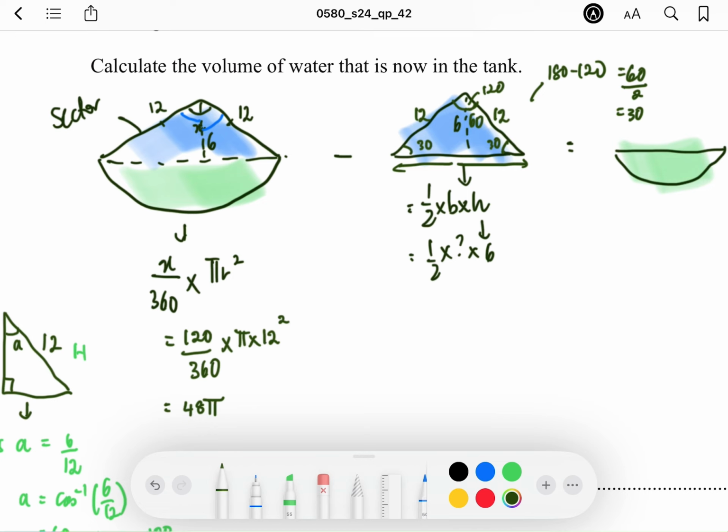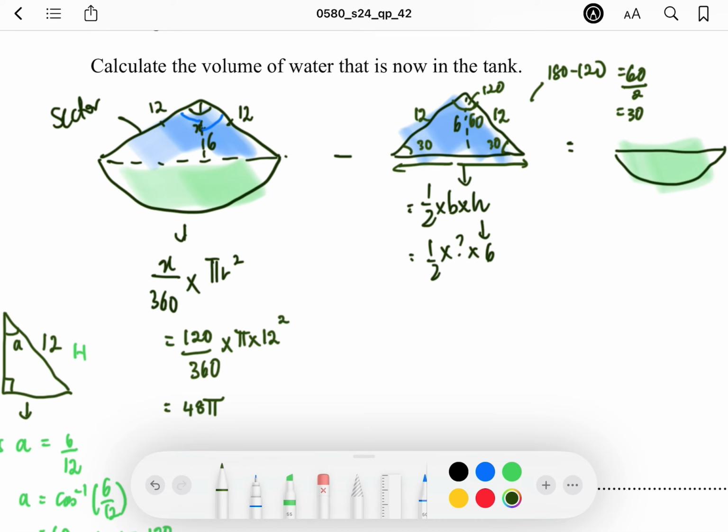Can. So either way, you want to use sine rule or cosine rule, or right angle triangle, which is Pythagoras theorem, ataupun trigonometric ratio, dua-dua will give you the same solution.